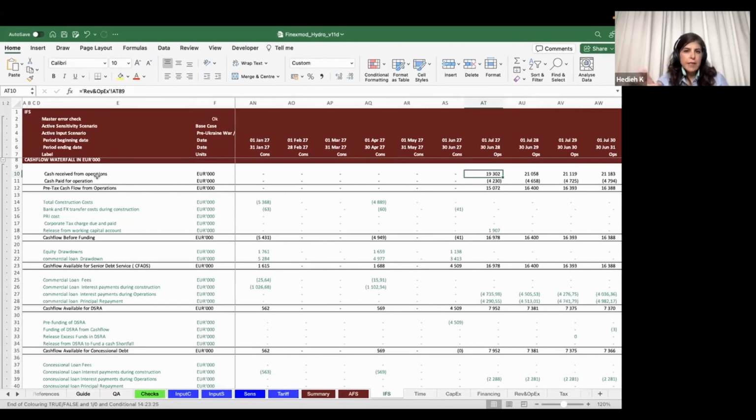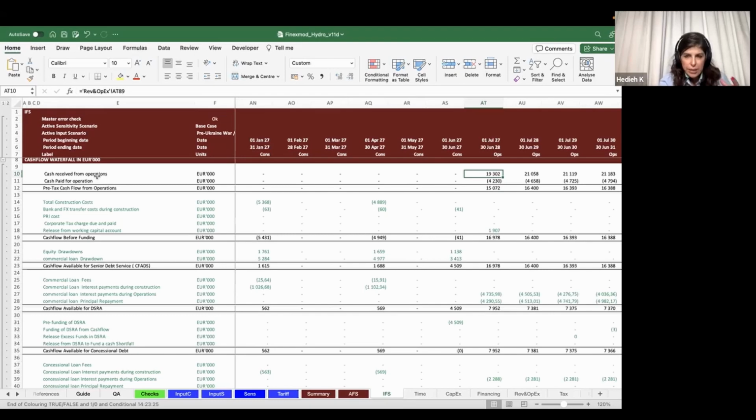Because when I'm sending the invoice, in this case it's a power project, I'm sending my invoice to the utility to pay me for the 6 months of generation that I had, based on the power purchase agreement that I have with the utility. The utility has given me 45 days, I have given 45 days to the utility to pay me back. So within these 45 days, I don't receive any revenues. So I need to make this adjustment.